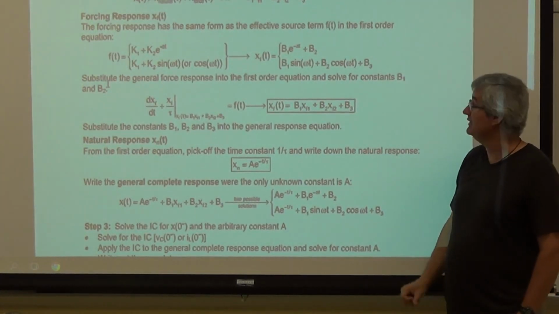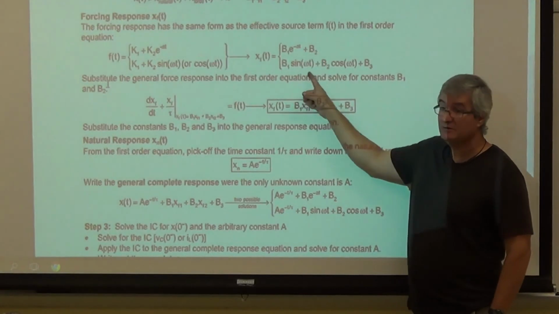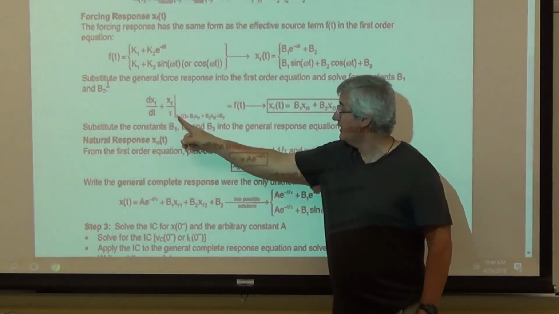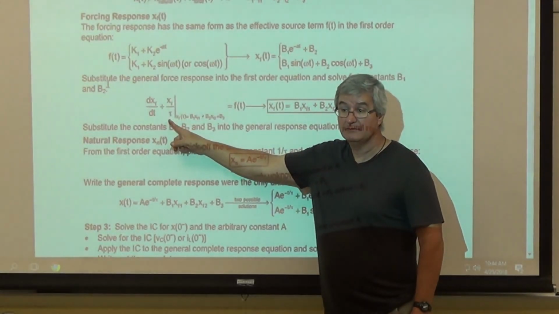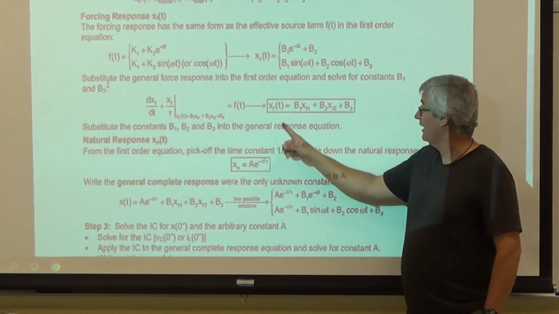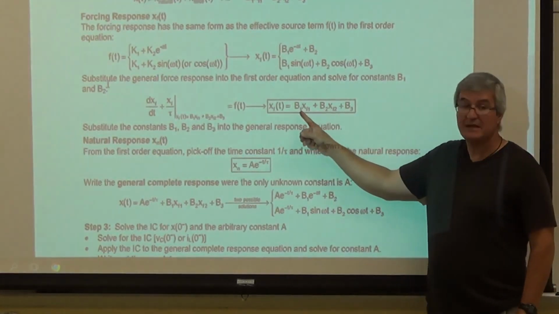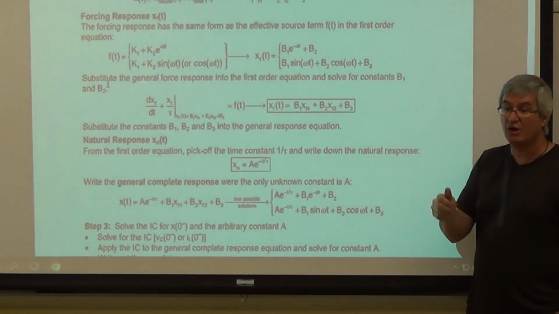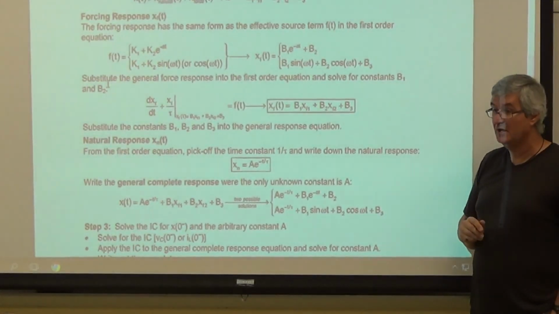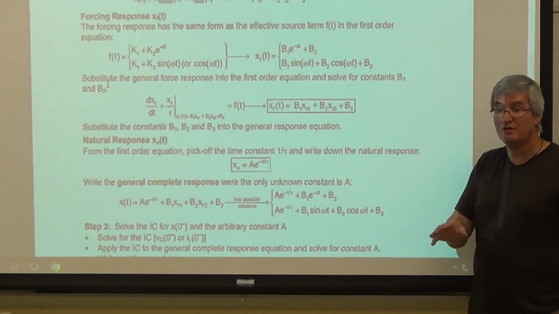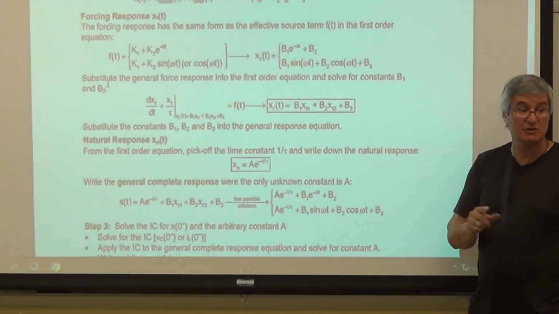So how do I get my B's? I take this solution and I plug it into the differential equation. And when I plug it in, this should be able to have me solve for all of the B constants. If you're not solving for all of the B constants, you missed something. You have to go back.